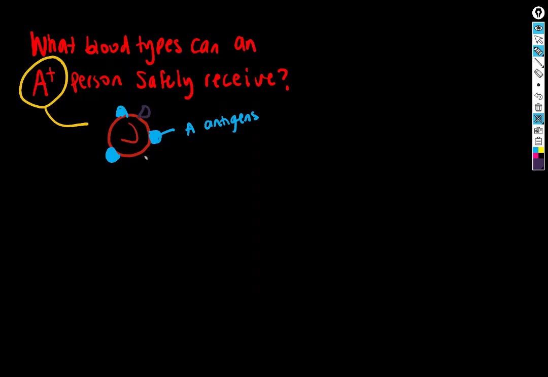And these are Ds. Now remember, the plus or minus of the Rh factor is it's there or it isn't. So there is no such thing as like D plus or D minus. Those aren't a thing. It's just either there's a D there or there's not. So that's what this patient's red blood cells look like.